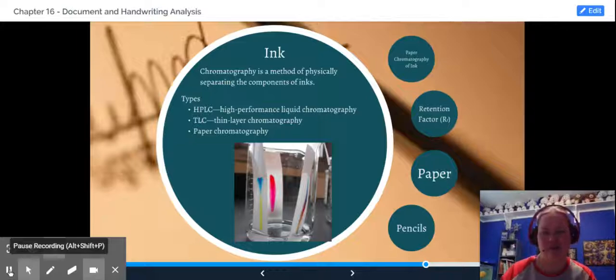All right, chromatography is used to separate the components of inks. The easiest one is paper chromatography, and it's the easiest for water-based inks, so you could do that at home if you wanted to.